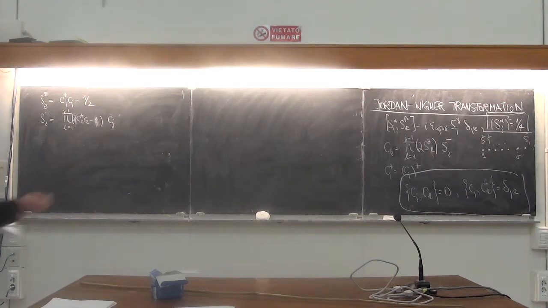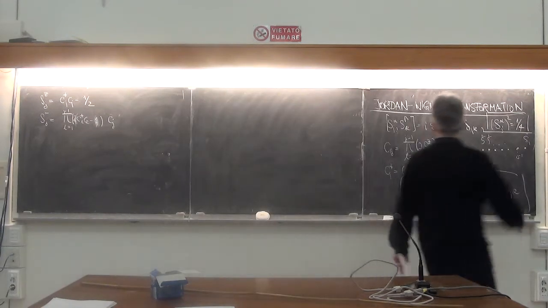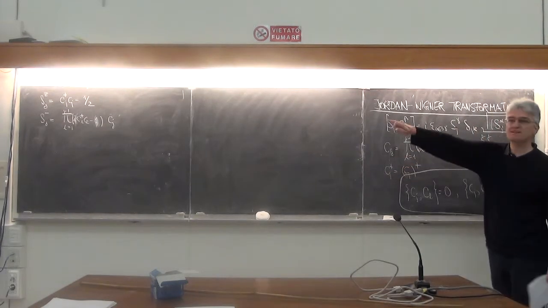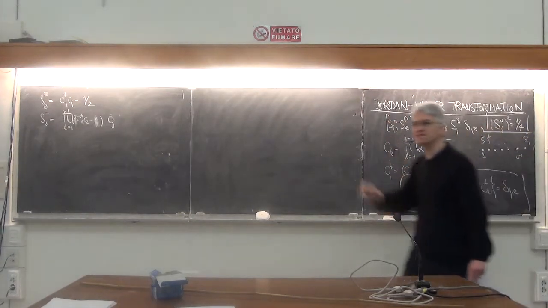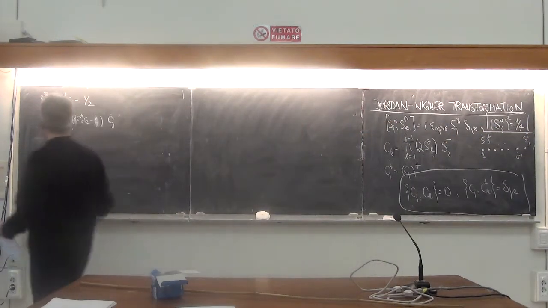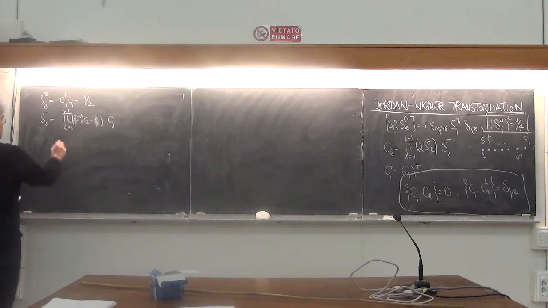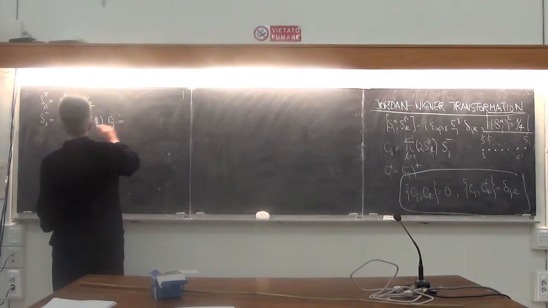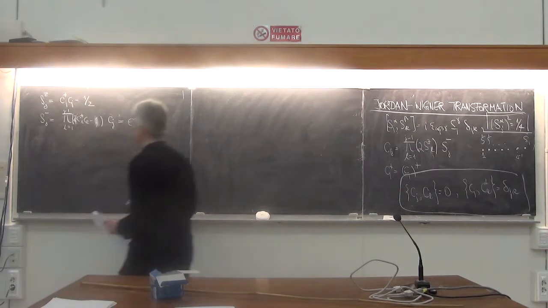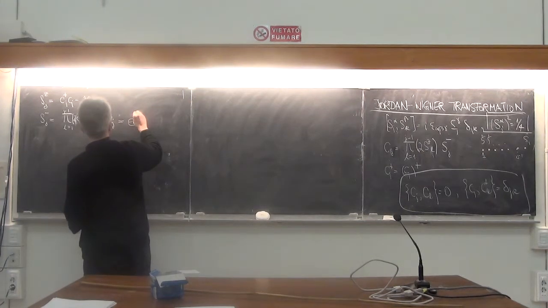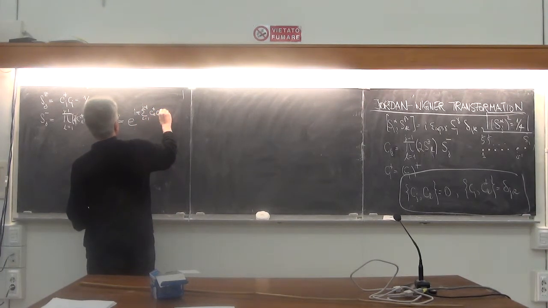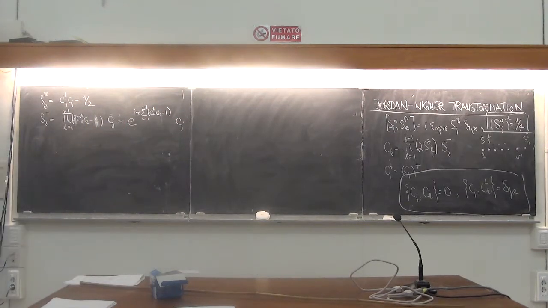Once again, you can just check this by using these definitions, plugging them in, and then basically what you see is that these string operators cancel. Then, next exercise, show that you can write this product as an exponential, e^{iπ Σ_{l=1}^{j-1} c_l† c_l} c_j, which is the usual form in which this transformation is given.